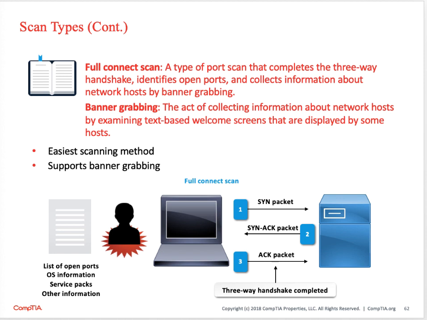Some banners will contain information like Windows 98, Service Pack 4, and might even give more information. That's why people may want to do a full connect scan. It gives you all that banner grabbing information and identifies the ports. However, it does complete a three-way handshake. As I said, banner grabbing is collecting information from the welcome screens. So it gets the service pack information, and it completes the three-way handshake.